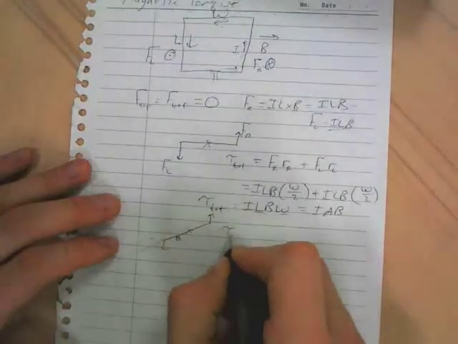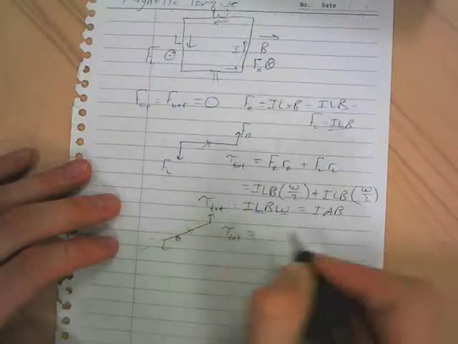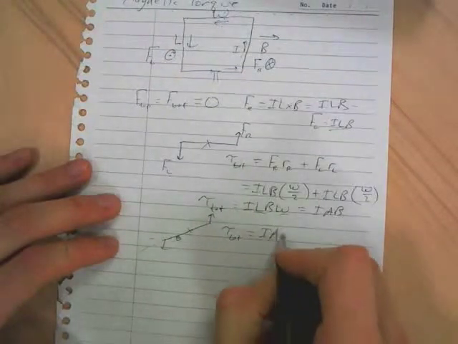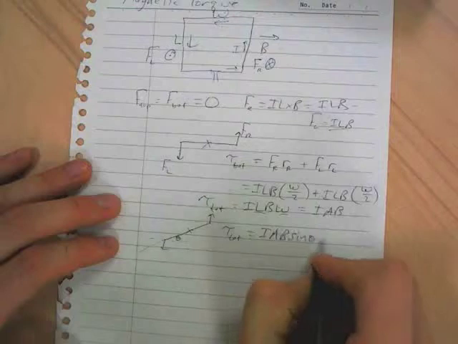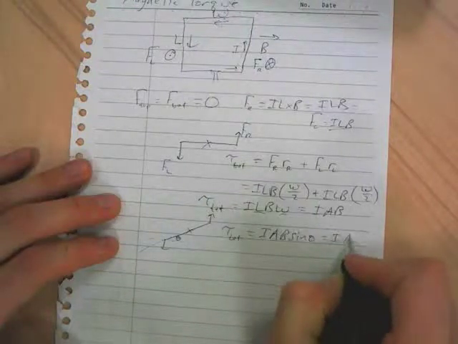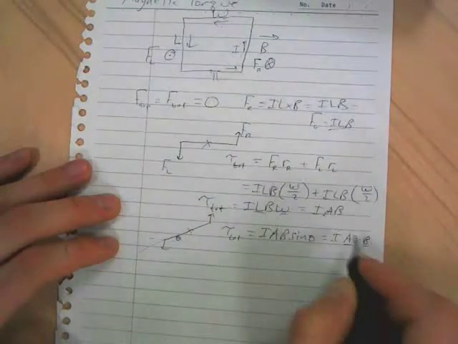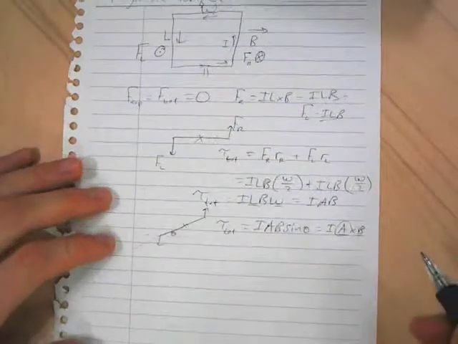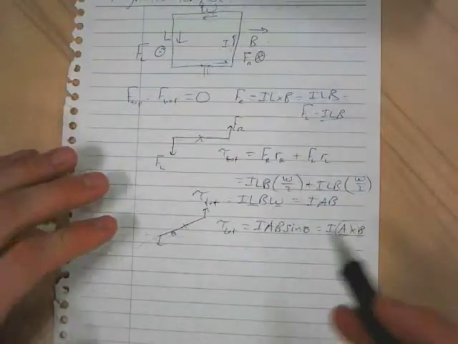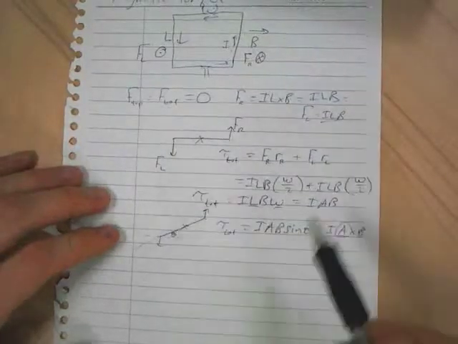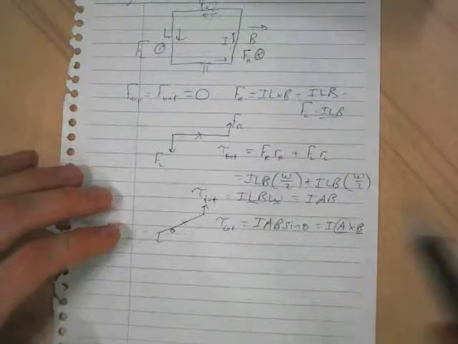So in general, the total torque acting on this current loop is IAB sine theta, or IA cross B, where this A is an area vector that points out perpendicular to our loop of current.